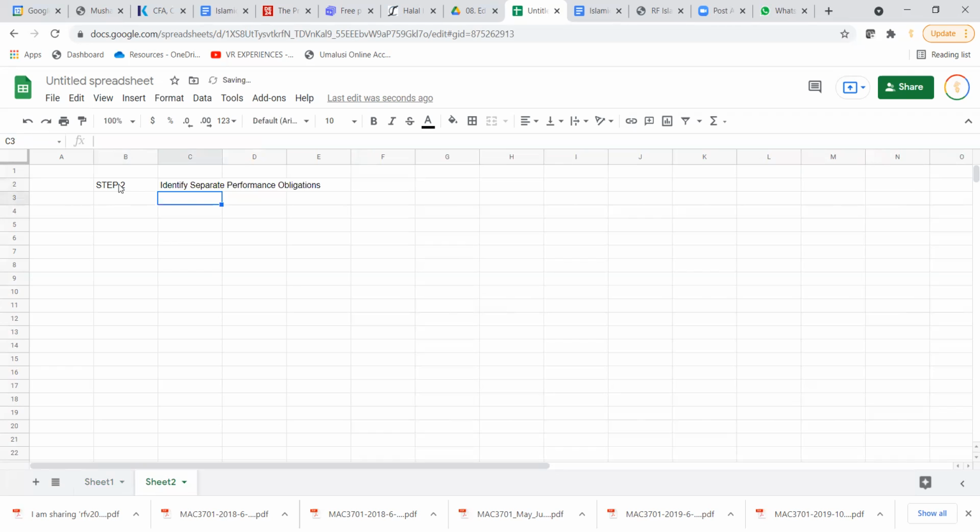Now, like we said, before you can identify the separate performance obligations, we first need to determine the different promises within the contract. So remember, IFRS 15 revenue talks about promises. Okay, so what are the promises within a contract?